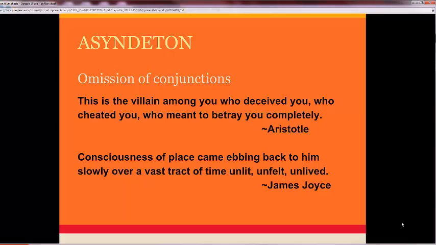Both examples, I might add, are parallel sentences. Aristotle and Joyce used asyndeton to great effect, particularly at the end of sentences. Aristotle's asyndeton emphasizes the deception of the villain, while Joyce uses asyndeton to create rhythmic effect of a relentless pace.